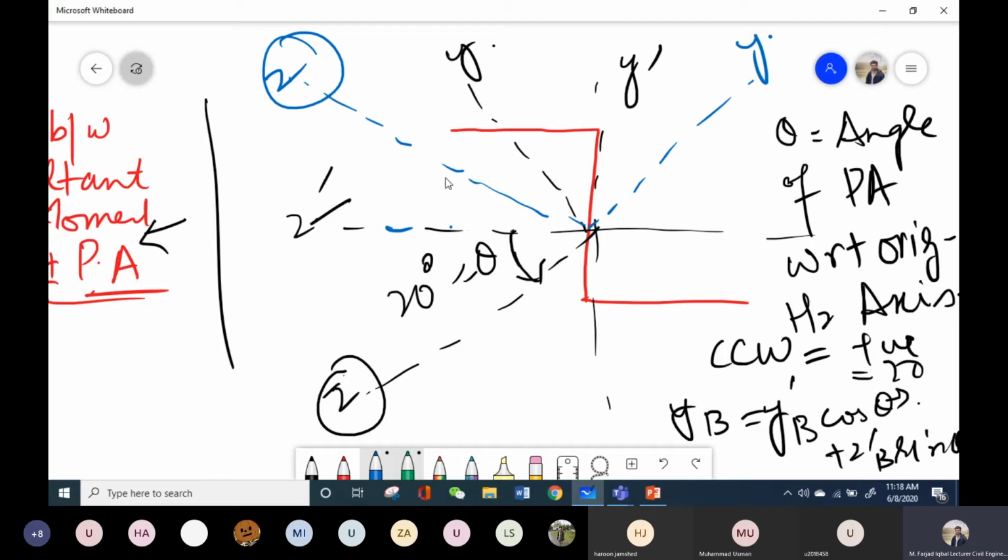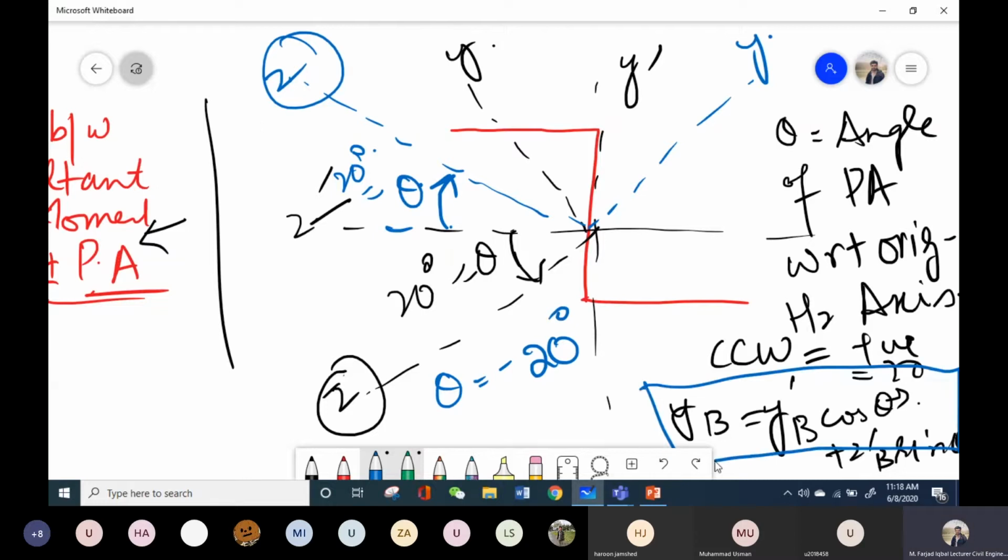In this figure, the angle theta of the principal axis with respect to the horizontal axis is in the clockwise direction, right? So if this angle is again 20 degrees, I have to substitute minus 20 in this equation. Any question about this angle?